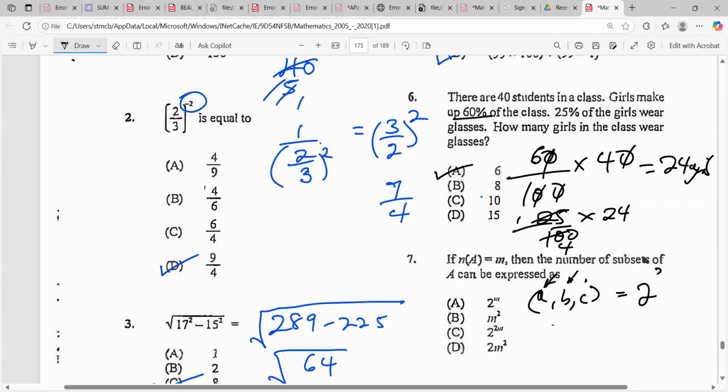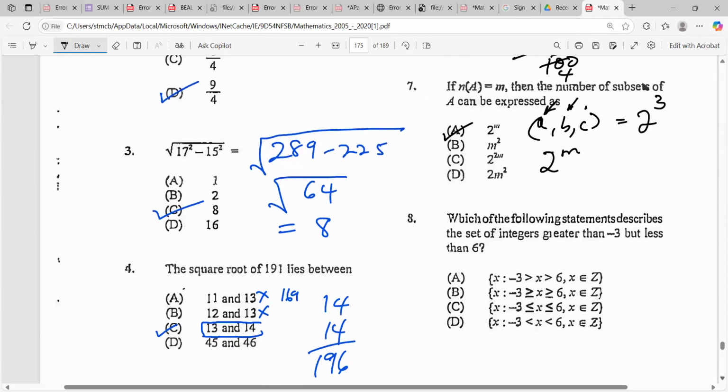So this should have been 2 to the 3. So I'm going to replace the number, so it's going to be 2 to the M. We don't know what M is, but whatever number it is, the number of subsets is going to equal 2 raised to that power. So if there are 7 elements, it's 2 raised to the 7th, and you multiply it out.